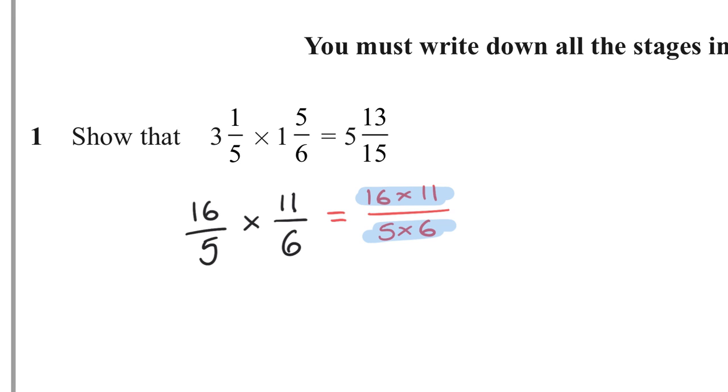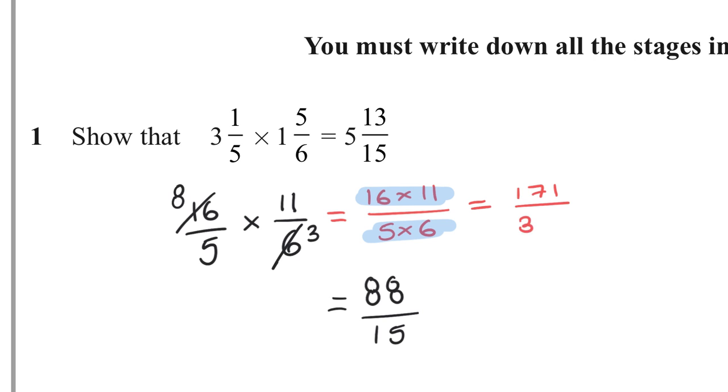So if we were to cancel this, we're going to have 16 divided by 2 is 8. 6 divided by 2 is 3. This makes it a bit more manageable for us to multiply. Showing this and then writing 88 over 15, this gives us another mark, okay? We either have to show this or we could do it the red way where we have 176 over 30, okay?